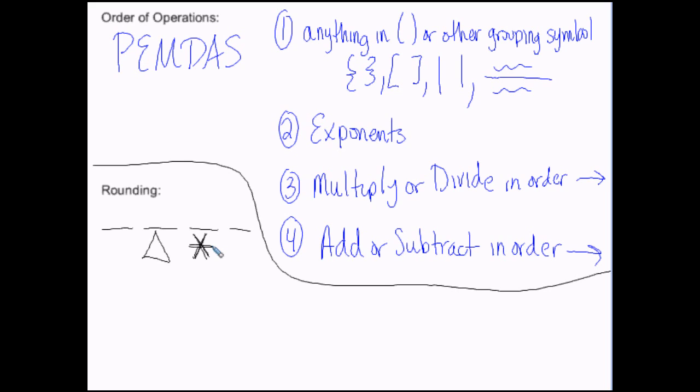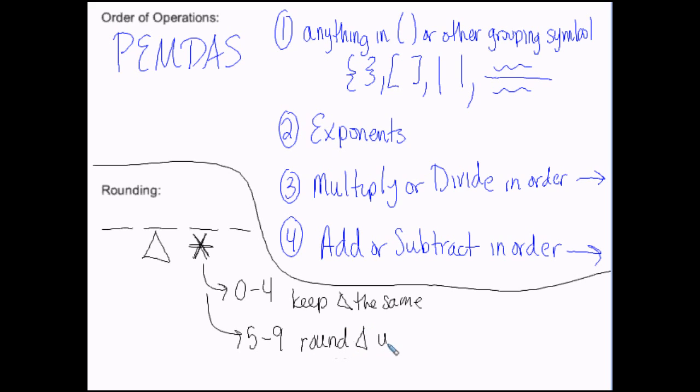That's the important one to look at. If this is 0 through 4, you're going to keep the triangle number the same. And if this is 5 through 9, you round the triangle number up. And then everything after that turns into zeros. Remember all that? Any questions on that?